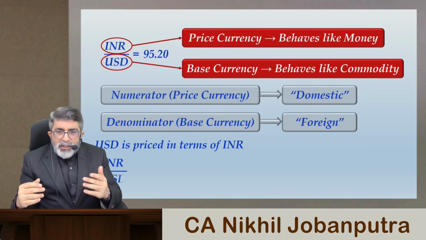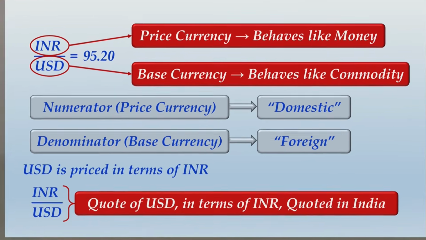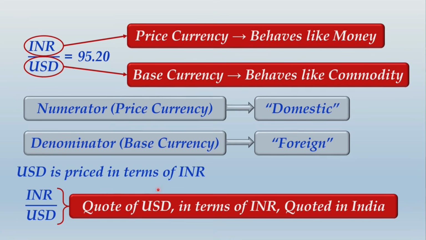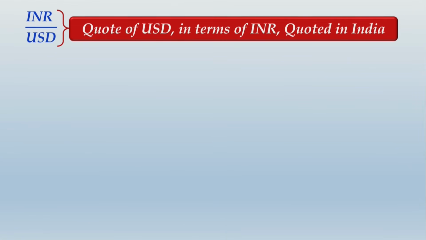Now, this quote, let me expand the screen size for you. In this quote, USD is priced in terms of INR. So INR per USD is a quote of USD in terms of INR, quoted in India. You may take note of this, and once you have taken note of this, let me show you something beyond.